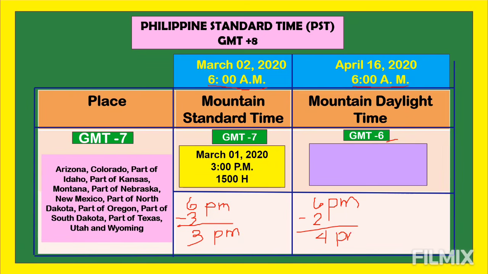Then our answer now is equal to March 2, 2020, 4 p.m. or 1600 hours. Okay, that's the way how we're going to convert Philippine time to mountain time. Okay, as we know that Mountain Daylight Time starts from March 8, 2020 until November 1, 2020.